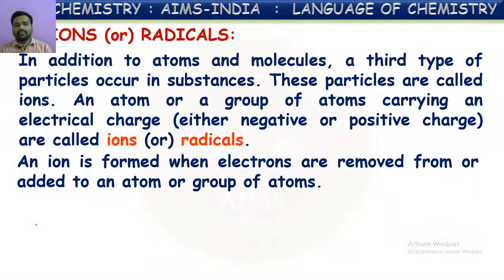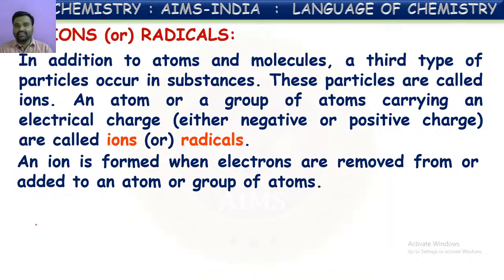An ion is formed when electrons are removed from an atom, or electrons are added to an atom or group of atoms. Sometimes ions form not only from atoms but also from a group of atoms by removal or gain of electrons.